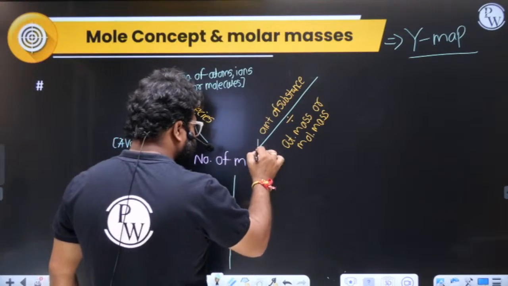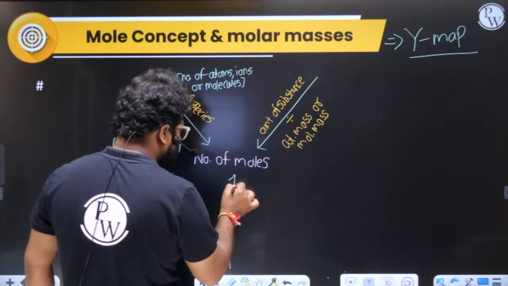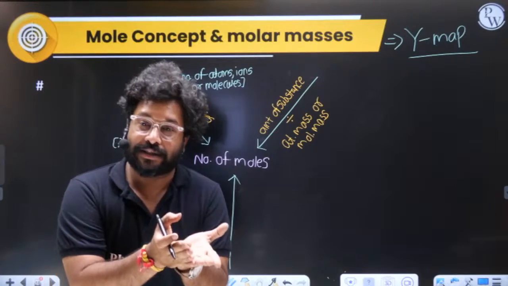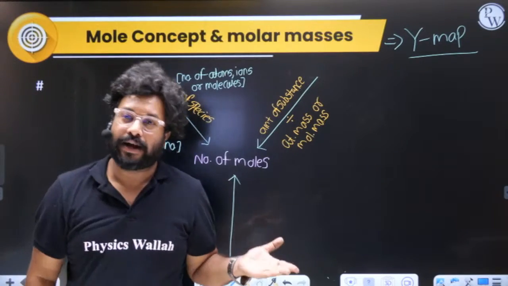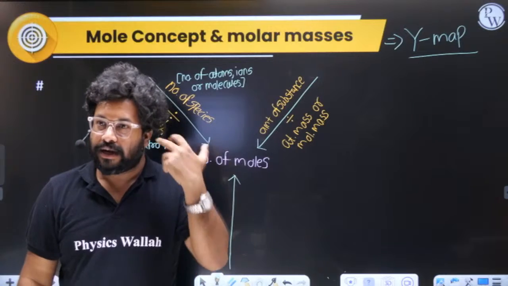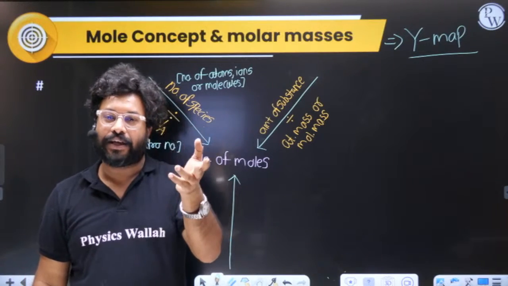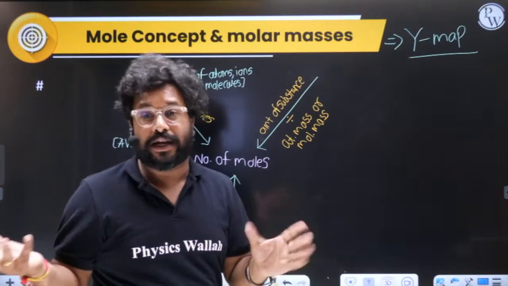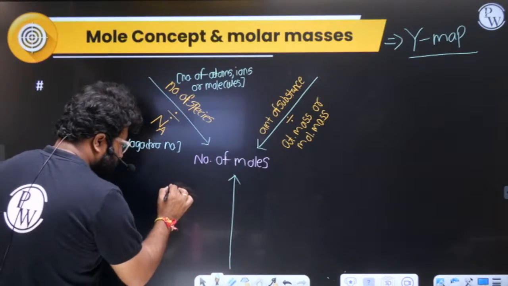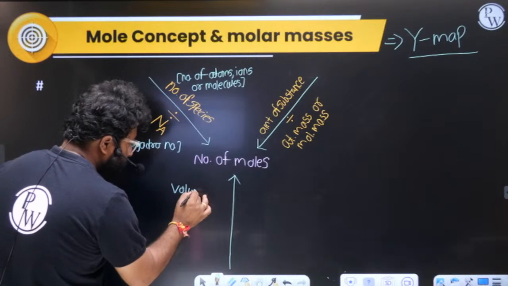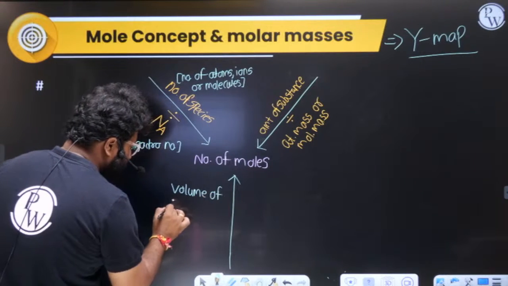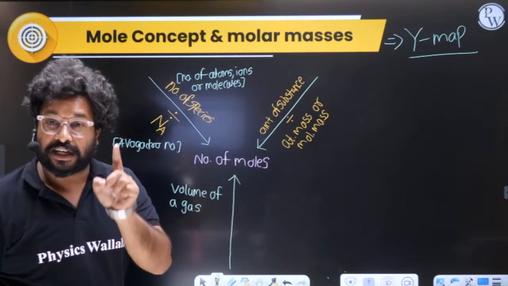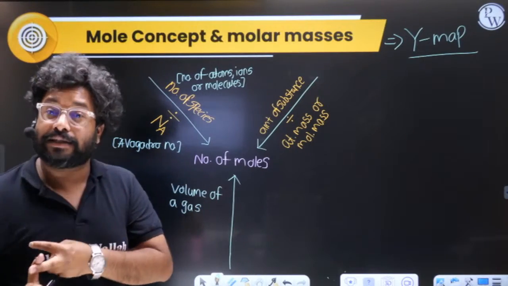And lastly, the volume of a gas divided by 22.4 liters. Whatever volume of gas is given, it could be in liters or decimeter cube, or in milliliter or centimeter cube as well. Remember, this is applicable only for a gas firstly, and secondly at STP.